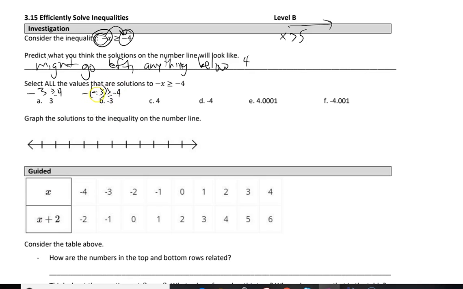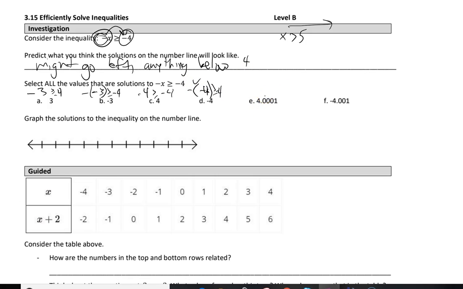Well, that's going to just become +3, so yep, that works. What about -4 greater than or equal to -4? Yep, that's equal, so that works. So we got a lot of solutions here. What about a negative times a -4 greater than or equal to -4? Again, that's going to become positive, so yep.